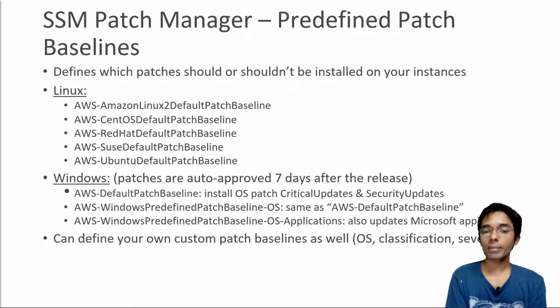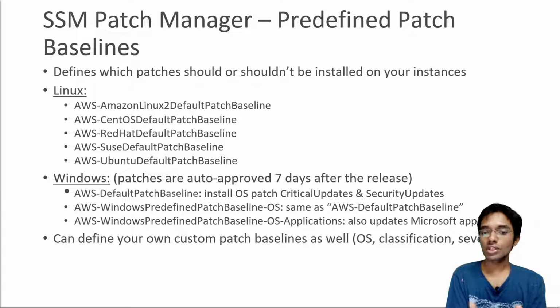And there is another patch baseline for Windows called the AWS Windows Predefined Patch Baseline, which is actually the exact same as the AWS default patch baseline.